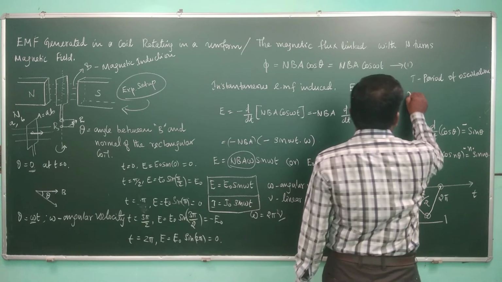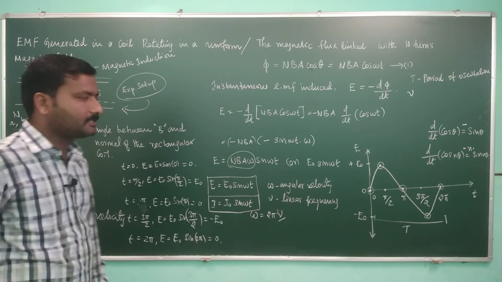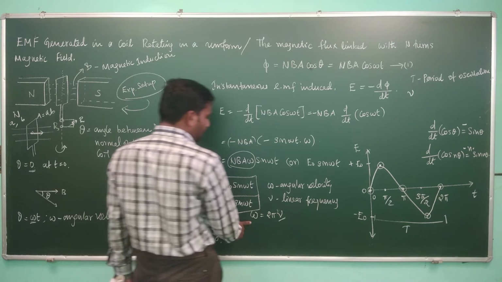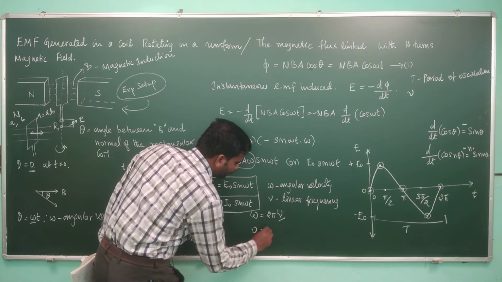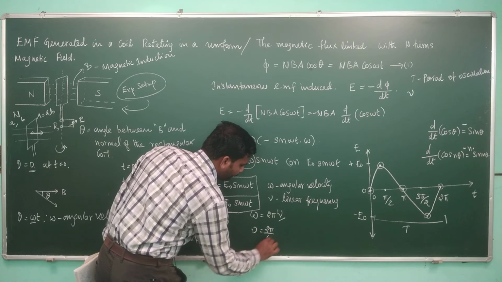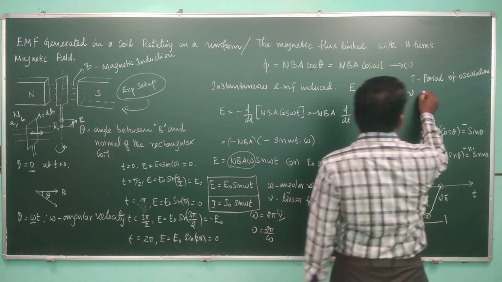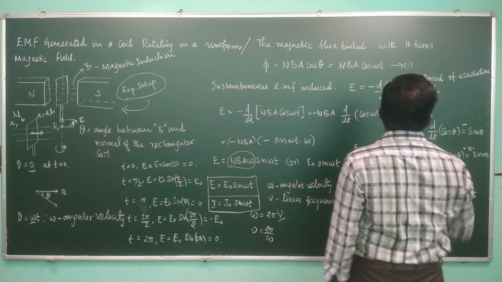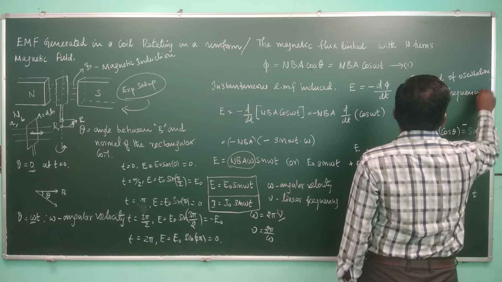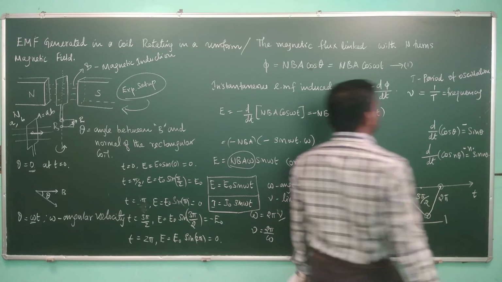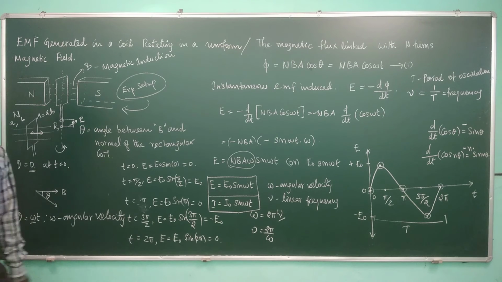The linear frequency of this alternating voltage or alternating current can be written in terms of omega as omega by 2 pi, or as the reciprocal of T, that is 1 by T. This is the frequency of the alternating current or alternating voltage.